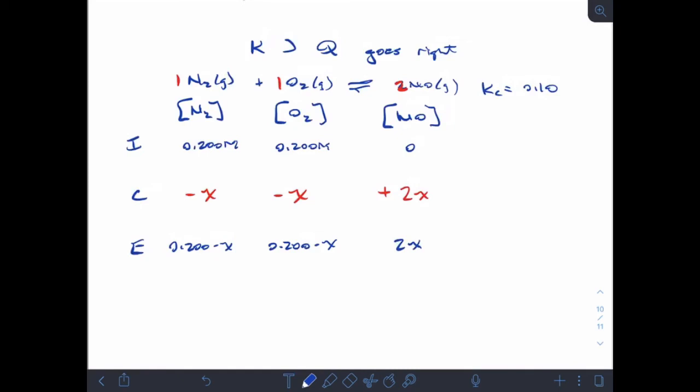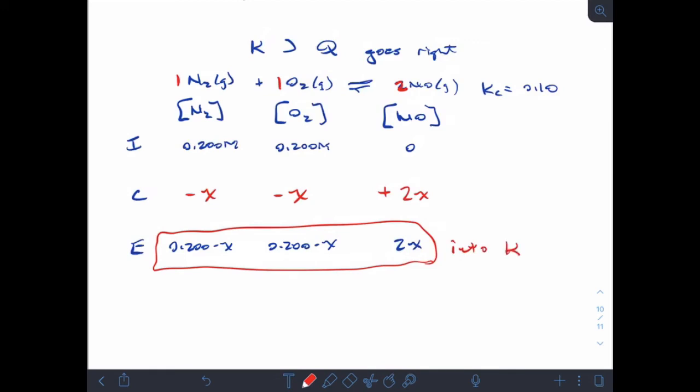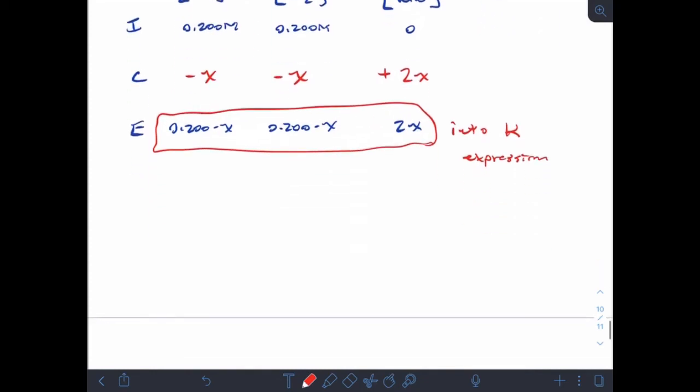All right? Now, we're going to substitute those into the K expression. So our Kc expression was NO squared over N2 and O2, each to the first power.